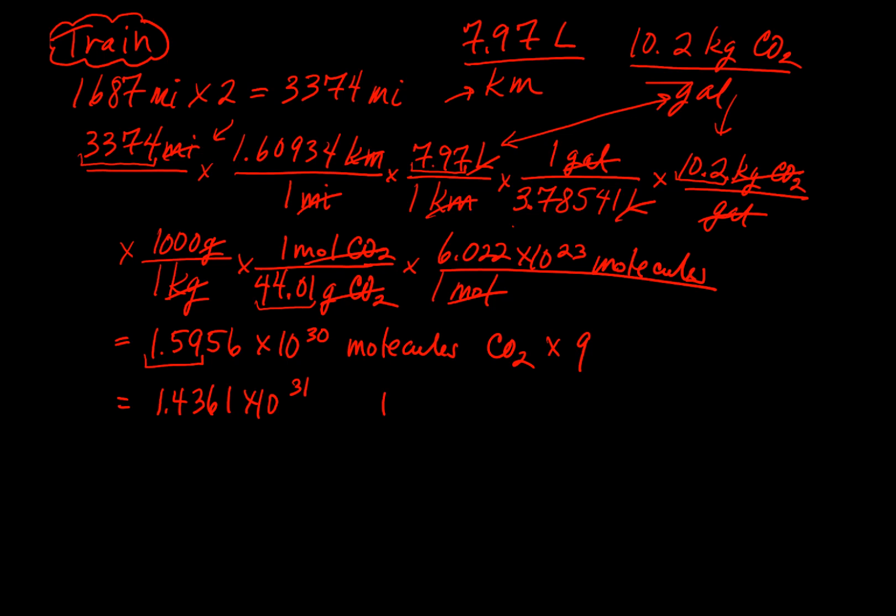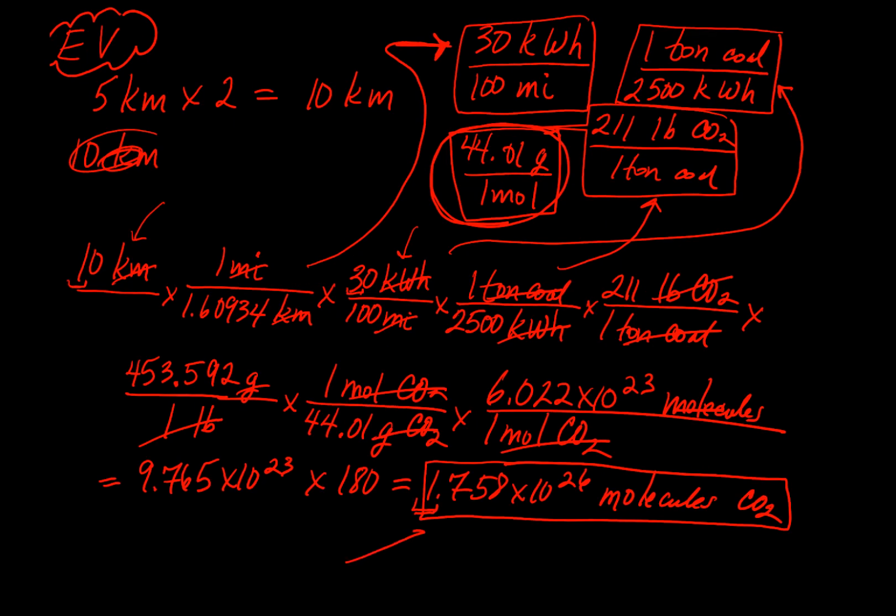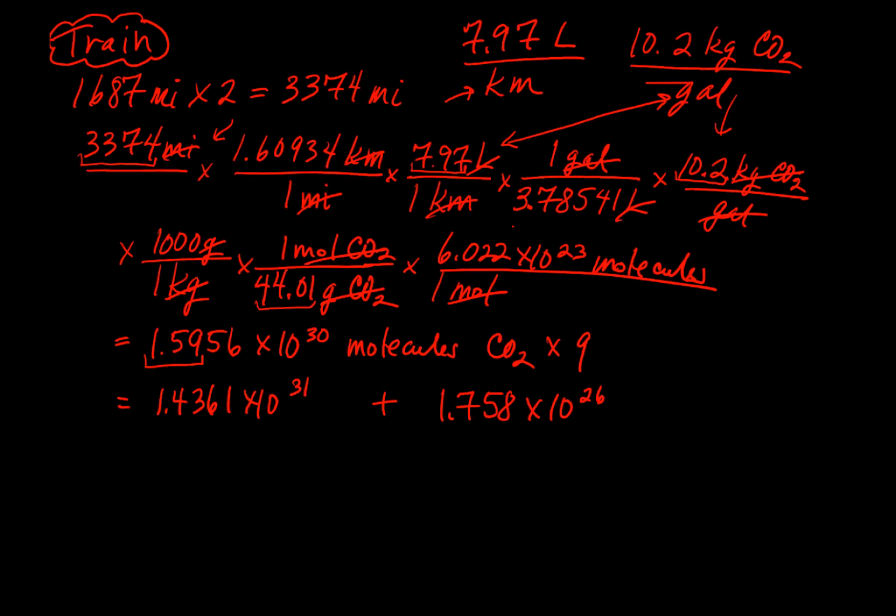So I'm adding that number to the number for the EV, which is 1.758 times 10 to the 26, right? This is what we got here. And we have one significant figure there, and 3 significant figures here.